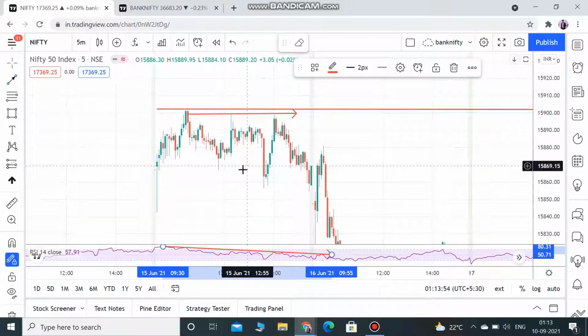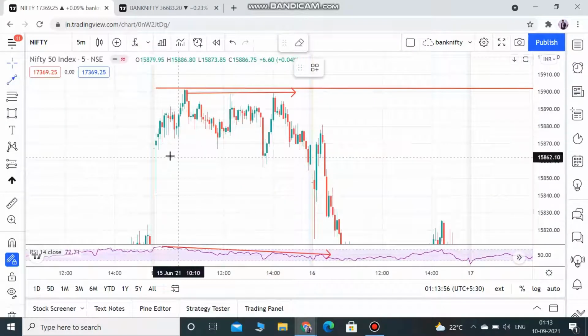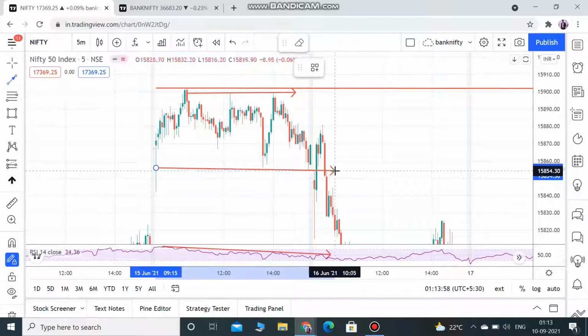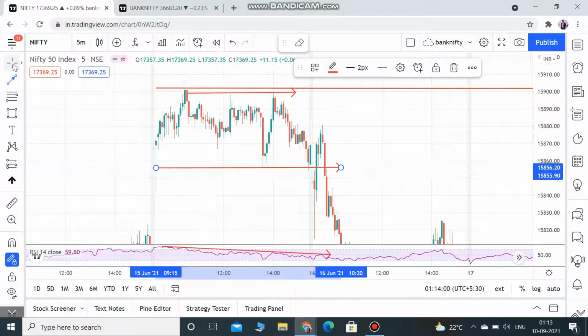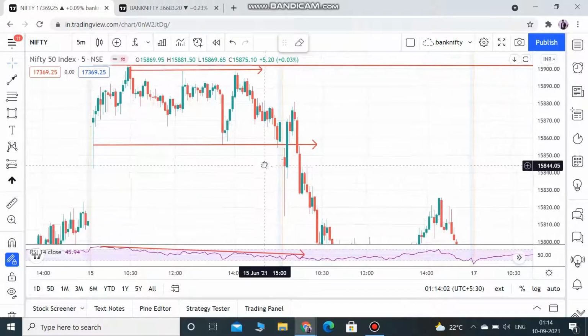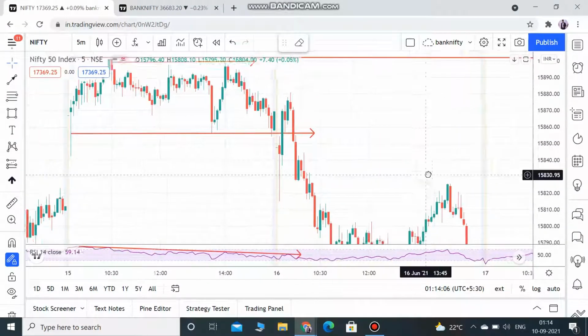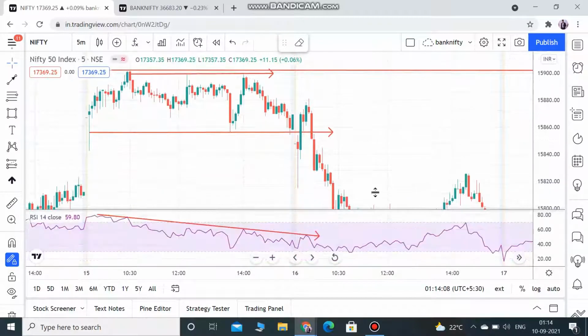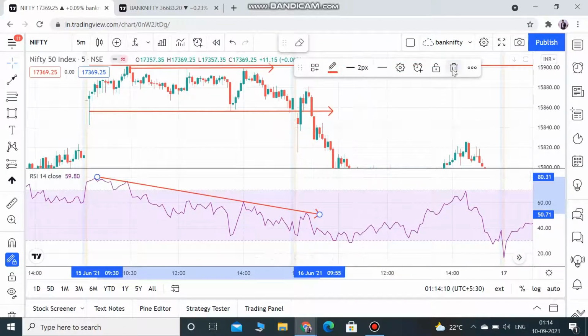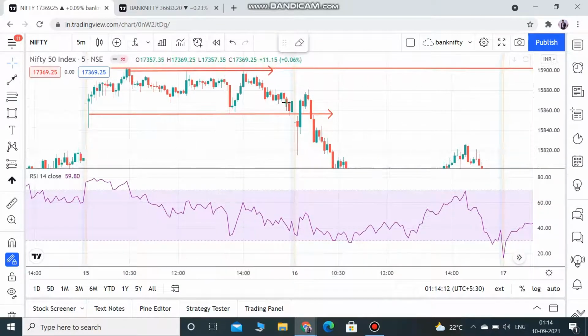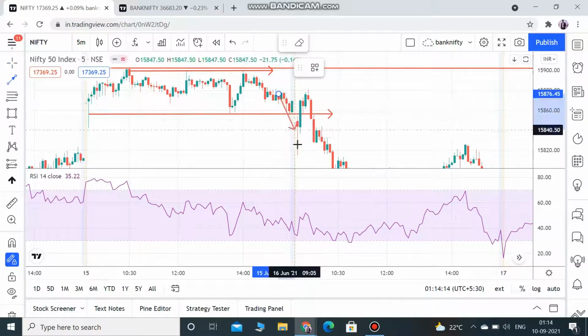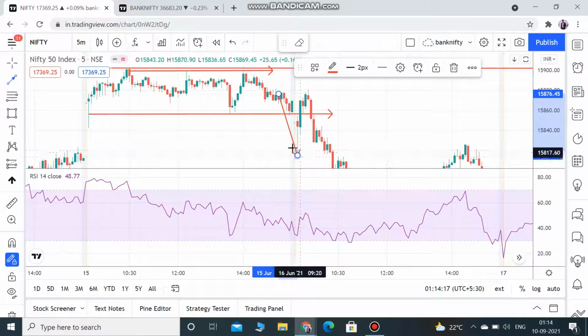So once the market has broken the structure like this, wait for your pullback. Let it break, and then see what our RSI is doing. Here it has broken our structure and gone a little bit down, and then it has come back. This is where you get your discounted price.